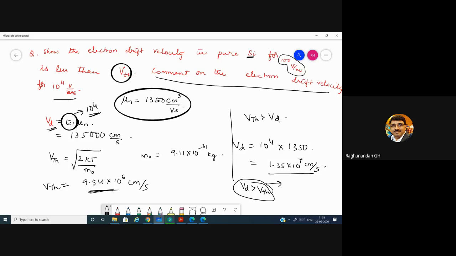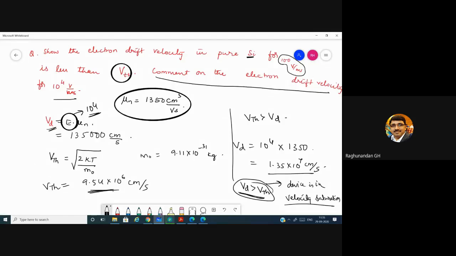So remember this, whenever the drift velocity is greater than the thermal velocity, we are going to tell the device is in velocity saturation. This state can only occur in velocity saturation.